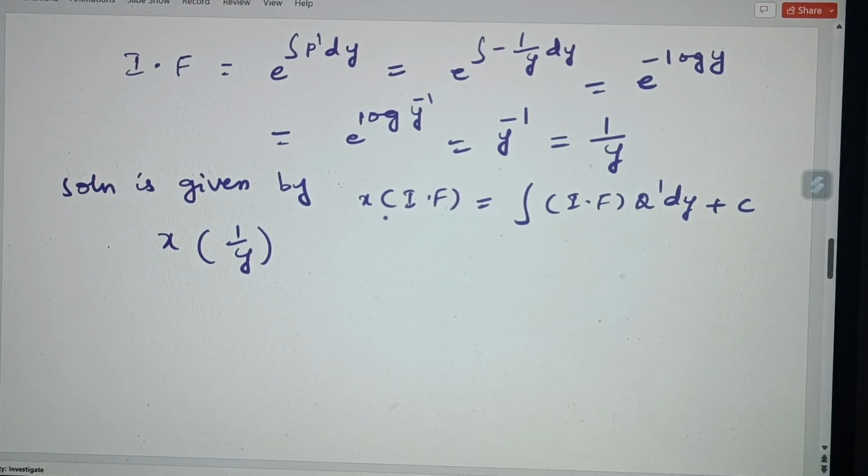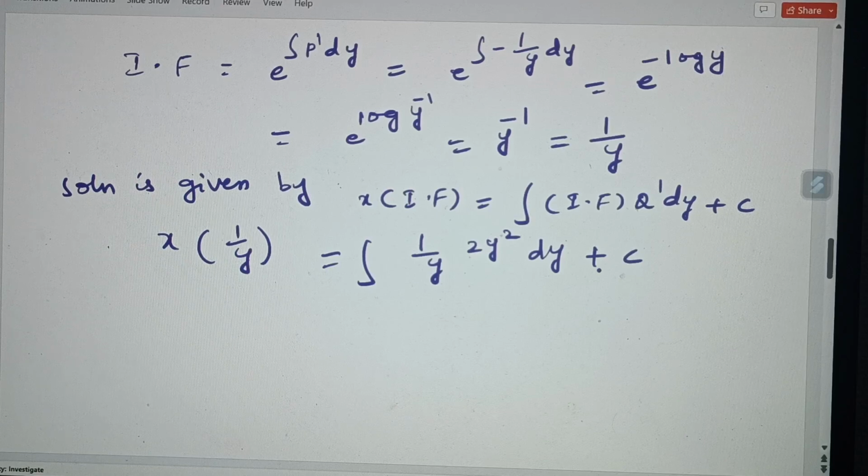Therefore, LHS will become x into 1/y is equal to integral of 1/y into Q', which is 2y², dy plus c. If you observe, y and y are getting cancelled and you have integral of 2y dy plus c.